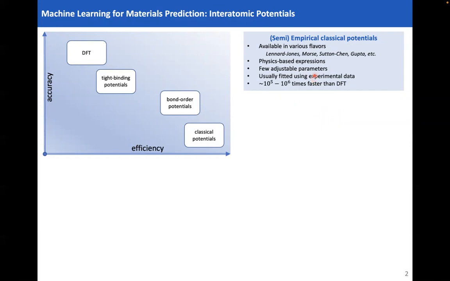But unfortunately, as shown repeatedly in the literature, they suffer from the transferability issue, especially when it comes to the ground state search problem. So given the fairly poor accuracy of these models, although they are very efficient, ideally we would like to have something which is reasonably efficient and accurate at the same time.